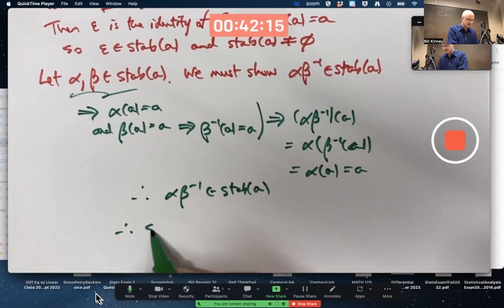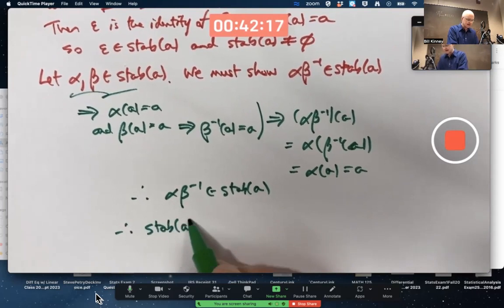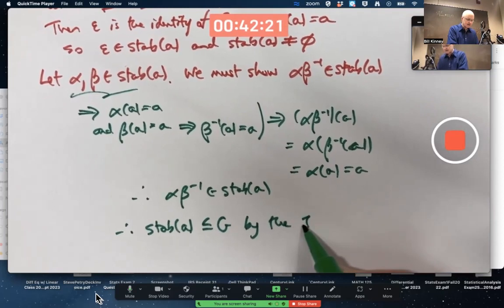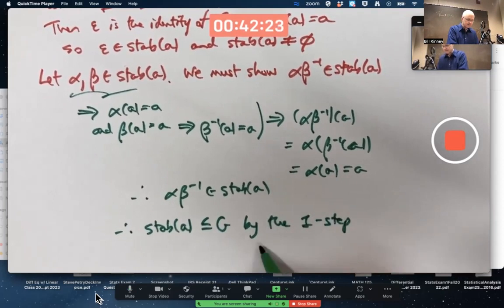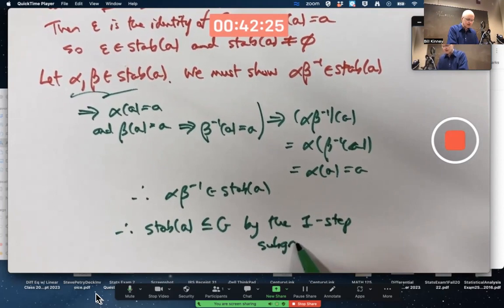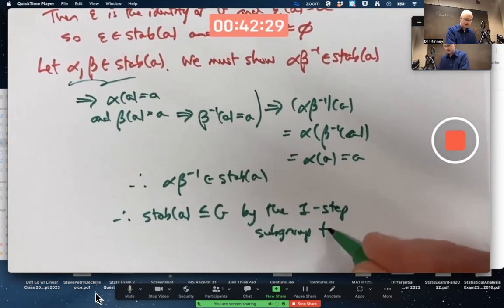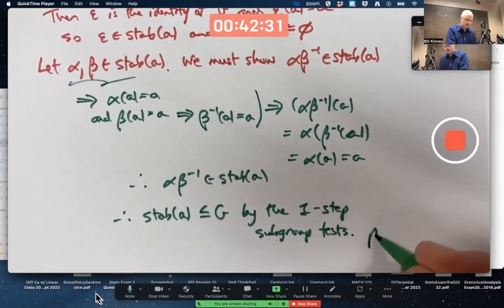Therefore, the stabilizer of A is a subgroup of G by the one-step subgroup test, which included a 0th step, so it really is 2 steps. We're done. Praise the Lord.